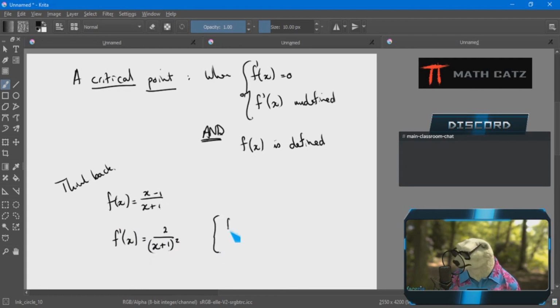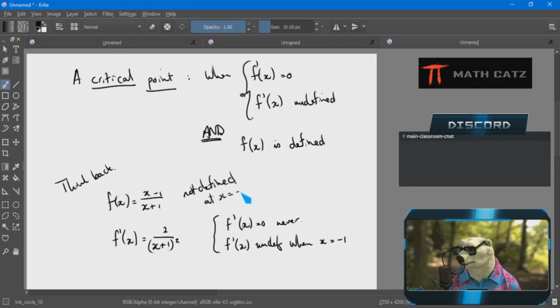So when we then did our derivative equal to 0, we found never. Our derivative undefined. Yes, that was when x was equal to negative 1. This, however, is not a critical point because the function is not defined at x equal to negative 1. The original function has a problem there as well.